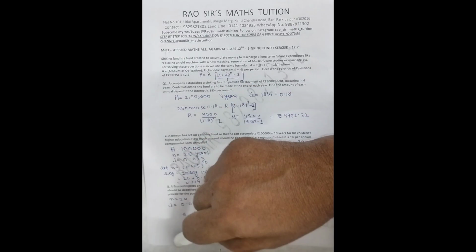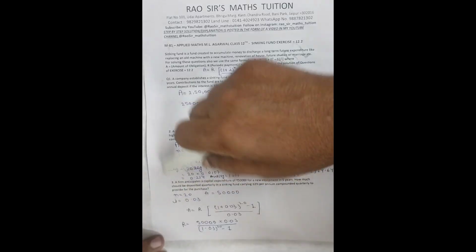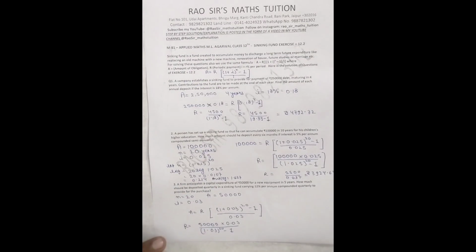R you have to find out. So R is equal to this 50,000 and this one. After solving this, we get 1868.